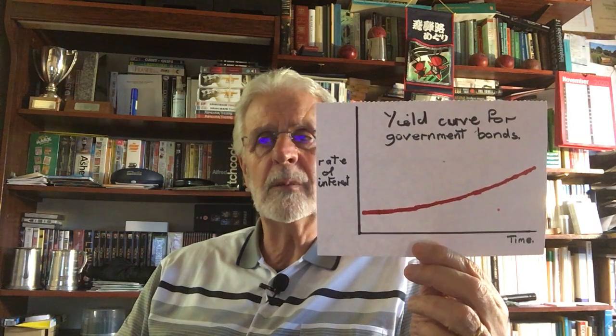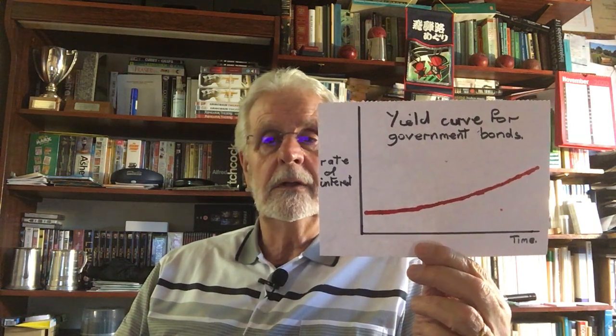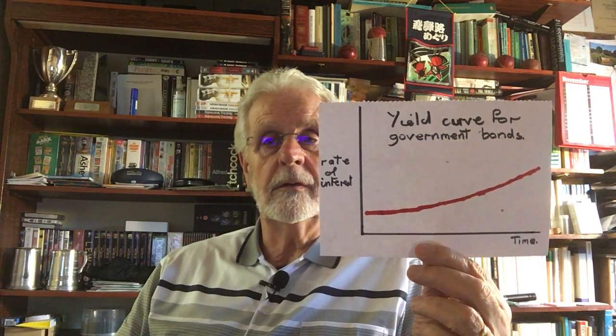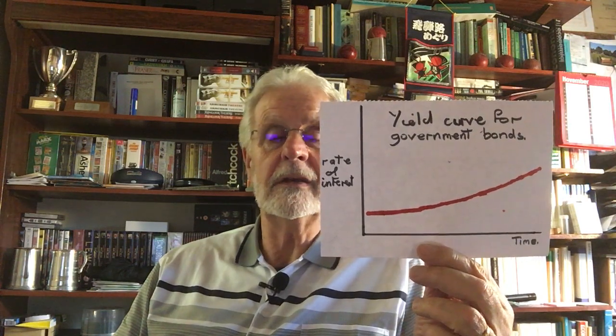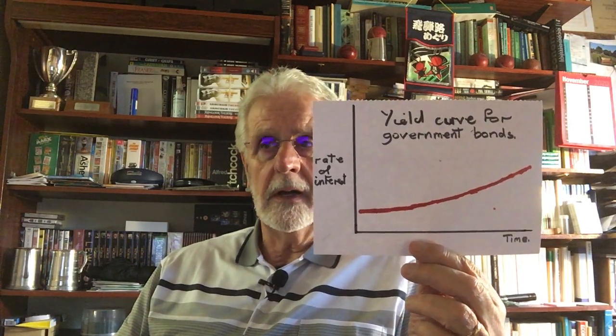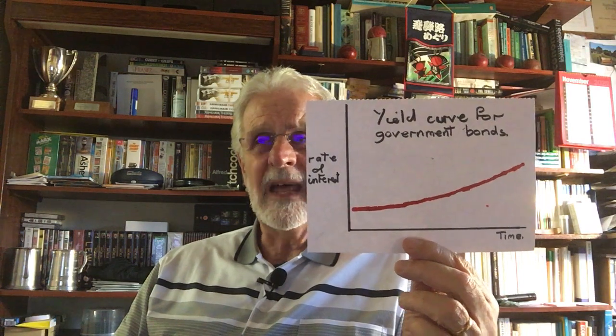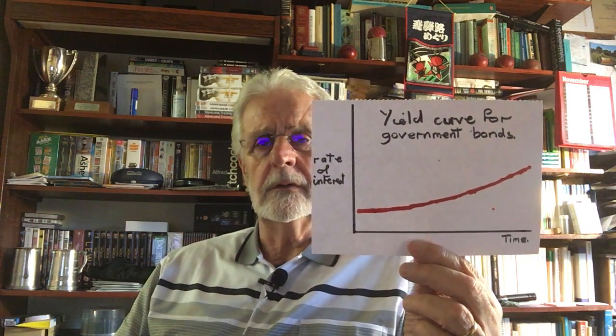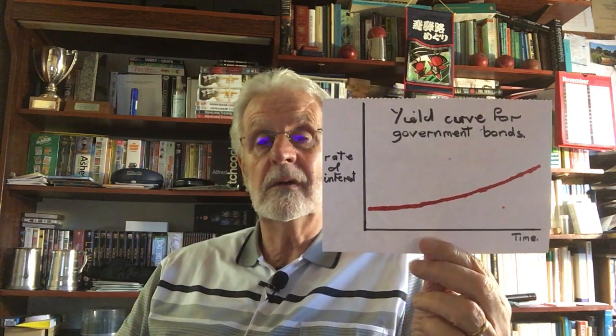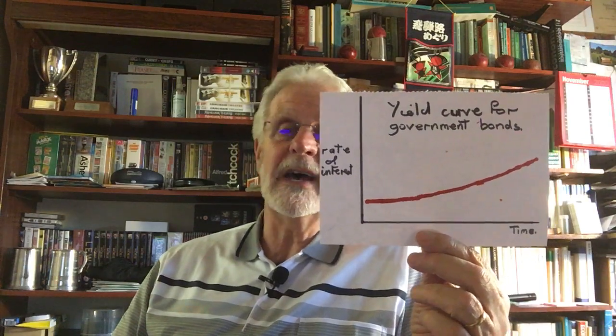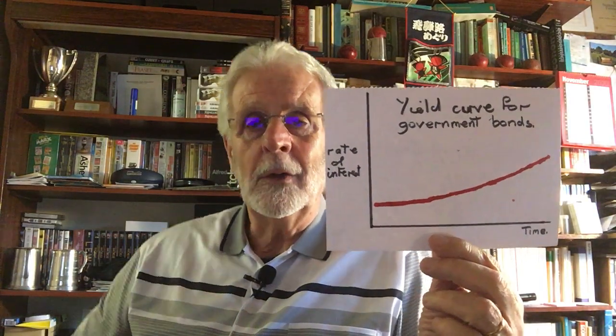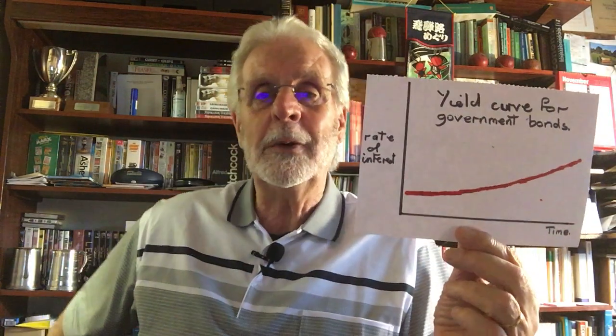So if you're just giving up for 90 days, you'll accept a lower rate of interest than if you're giving up for 15 years, where you would expect to get a higher rate of return. So that will be a sort of normal yield curve. But yield curves don't always look like that. They can be inverse. They can actually go down in the future, not steadily up like that into the future.